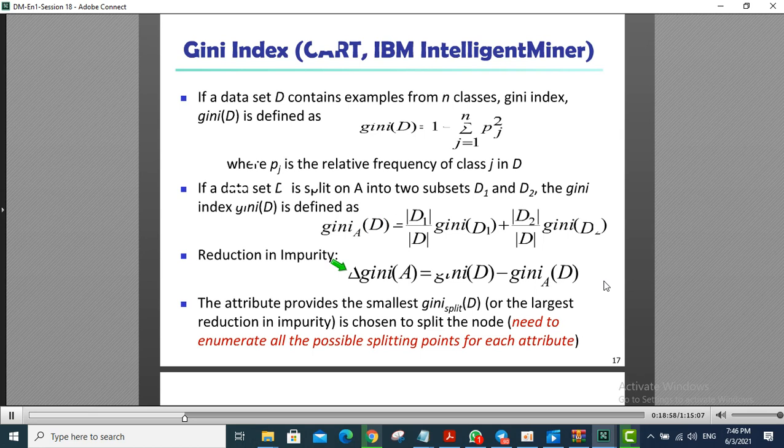If I use this equation, I can say that if I select attribute A, for example, for splitting, this attribute can reduce the impurity of my data. How much? Using the third equation in this slide, I can say how much, if I choose attribute A, it can reduce the impurity of my data.